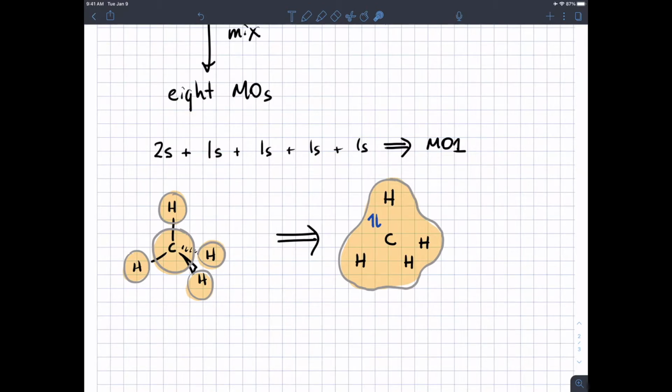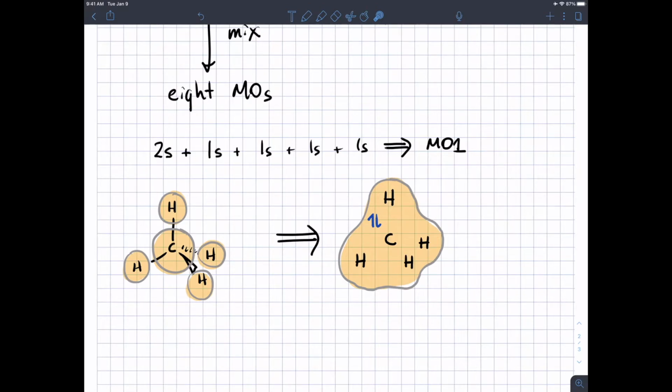I'm going to show you one of the other 2, and let's see, there should be 8 molecular orbitals. We'll only worry about the bonding ones, not the antibonding ones for now. And I will show you only one of the other 3 MOs that are bonding in methane, because the 3 other ones that we haven't done yet all sort of look the same.